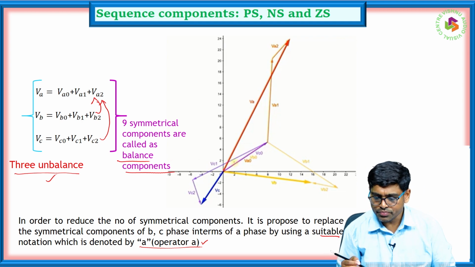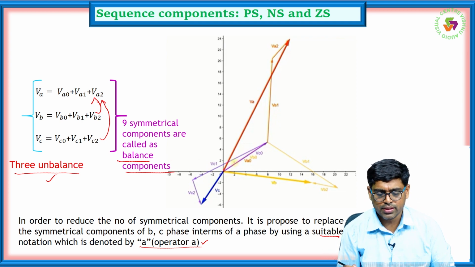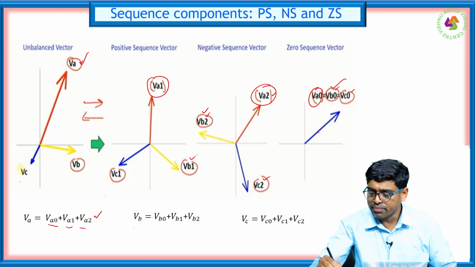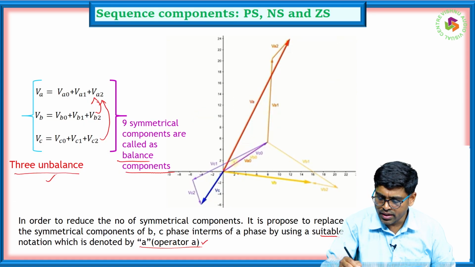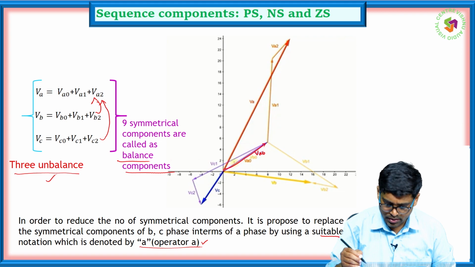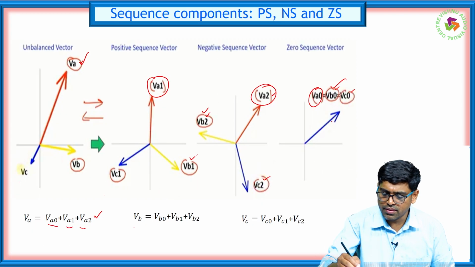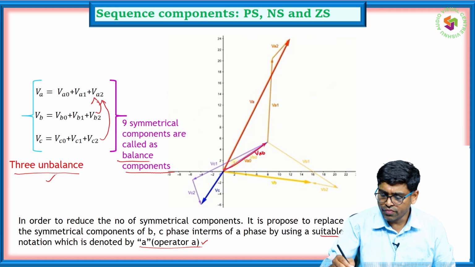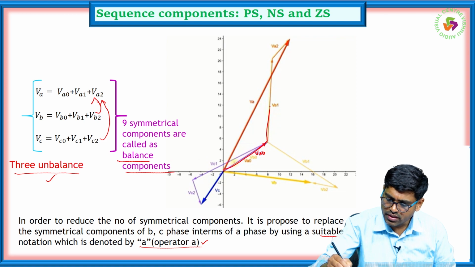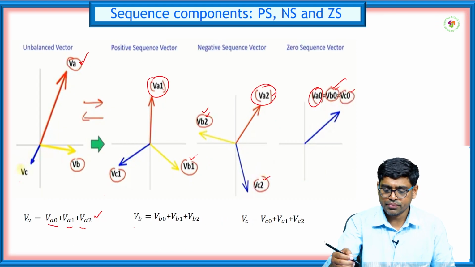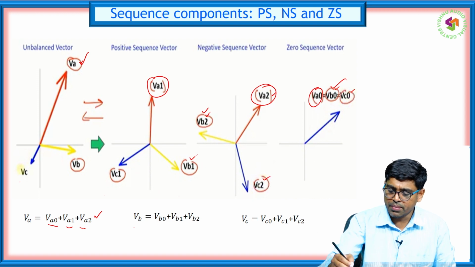Now let us see how we can calculate VA. VA equals VA0 plus VA1 plus VA2.